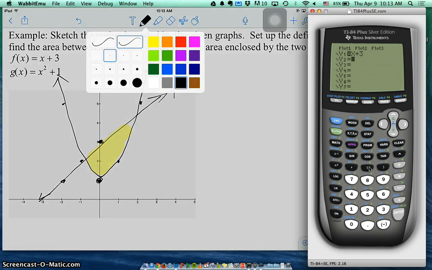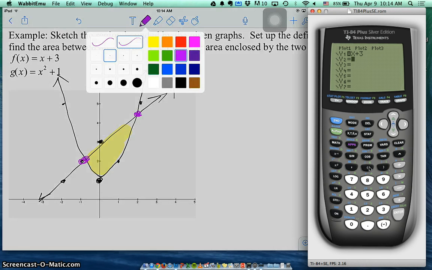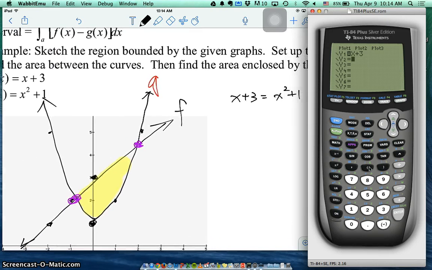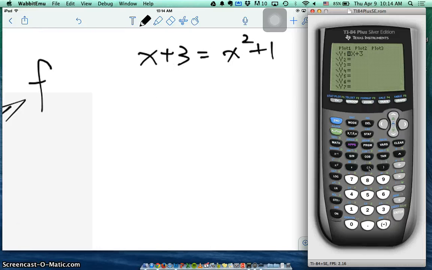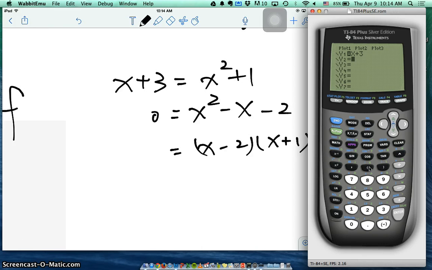But furthermore, we need to find what these two points are. These two points are very, very important. To find them, we set the two functions equal to each other: x plus 3 equals x squared plus 1. I can move everything to one side, and then factor: x minus 2 times x plus 1.